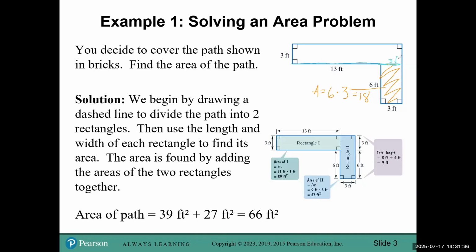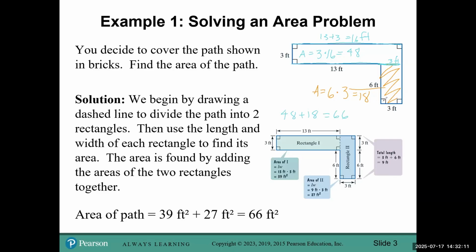This is 3 feet, which means that this dimension here is 13 plus 3, or 16 feet. And so this upper rectangle has an area of 3 times 16, which is 48. So the area of the entire L shape here is going to be 48 plus 18, or 66.